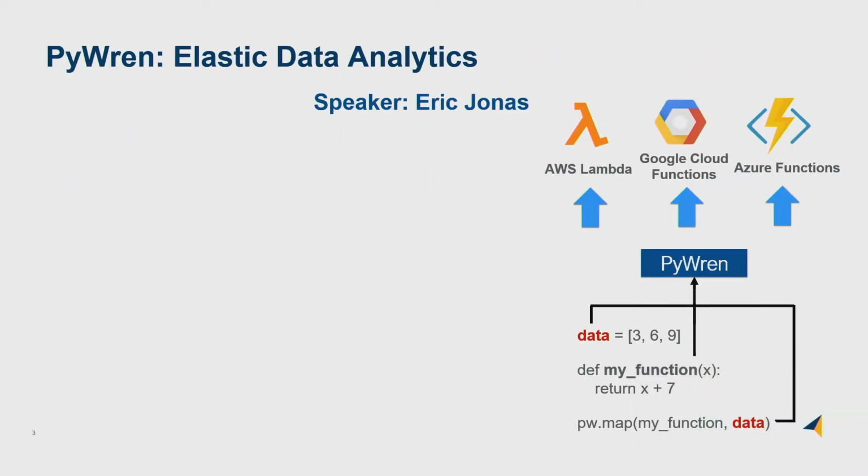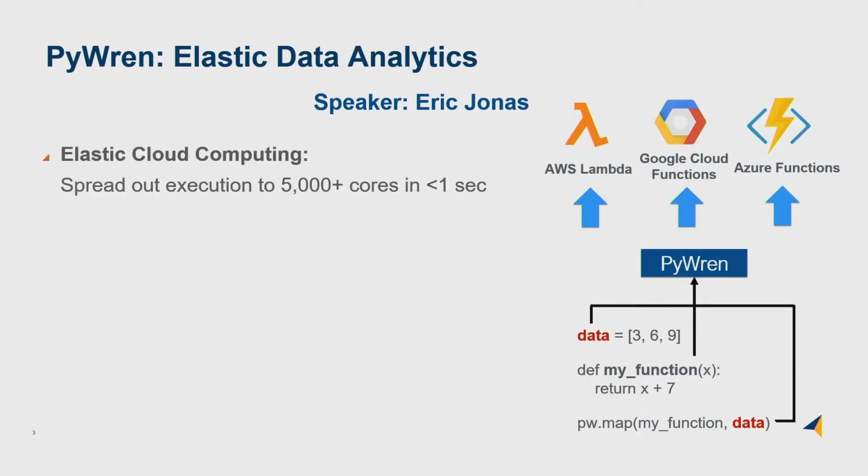The first talk will be about PyWren, which is to do elastic data analytics. PyWren is basically a system to allow you to program applications that immediately go to the cloud and run in an elastic serverless way, using services like AWS Lambda, Google Cloud Functions, and Azure Functions.